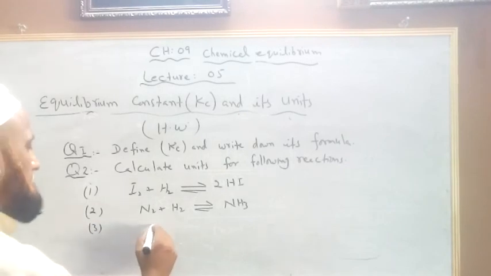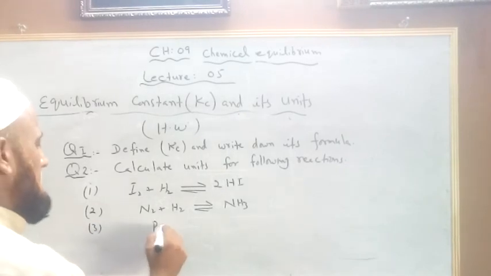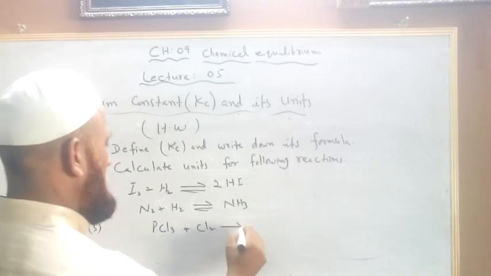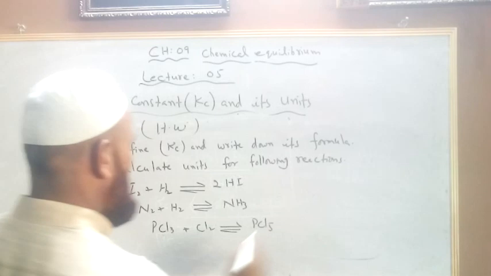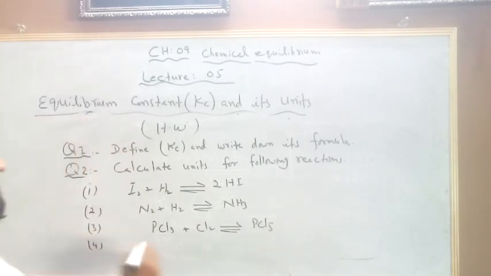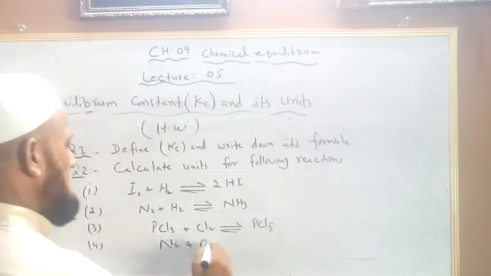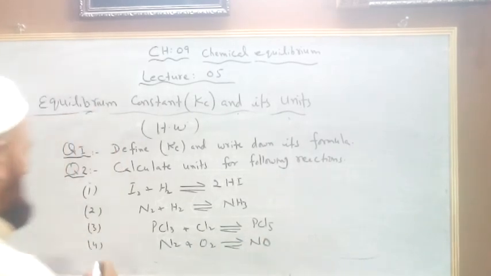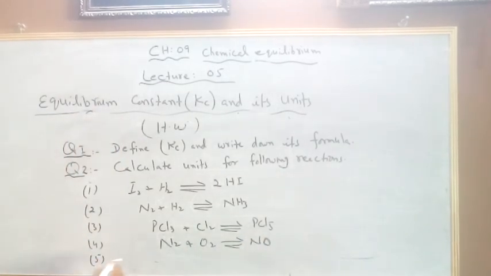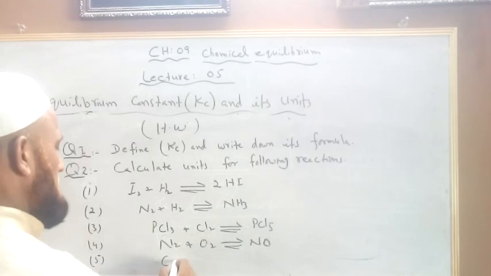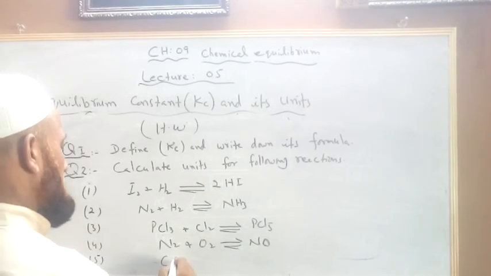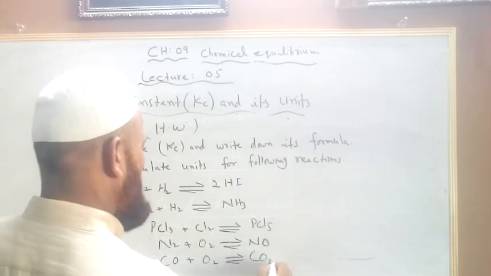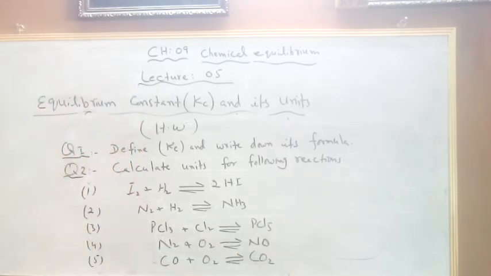Number 3, PCl3 plus Cl2 giving PCl5. Number 4, N2 plus O2 giving NO, and number 5, CO plus O2 giving CO2. Got it? So this is your homework.